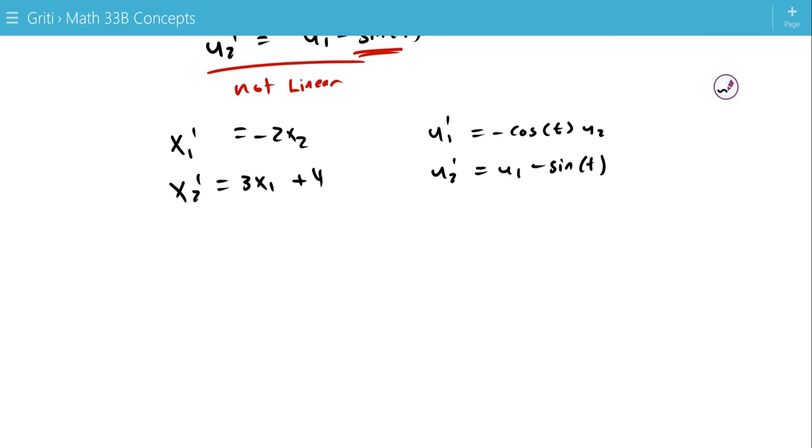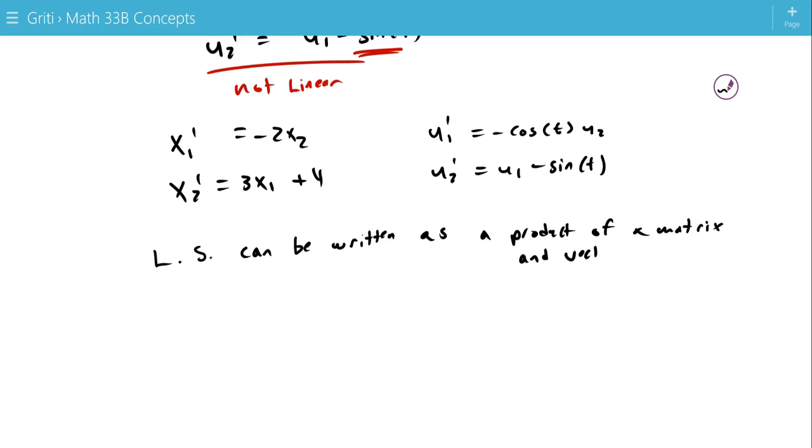So another thing about linear systems, I'll just abbreviate it as LS. These can be written as a product of a matrix and vector plus another vector.